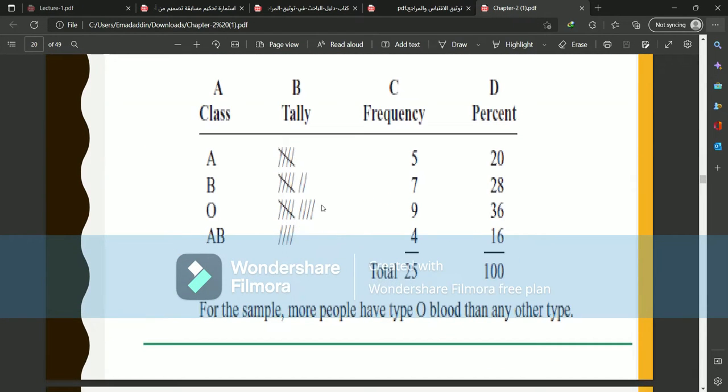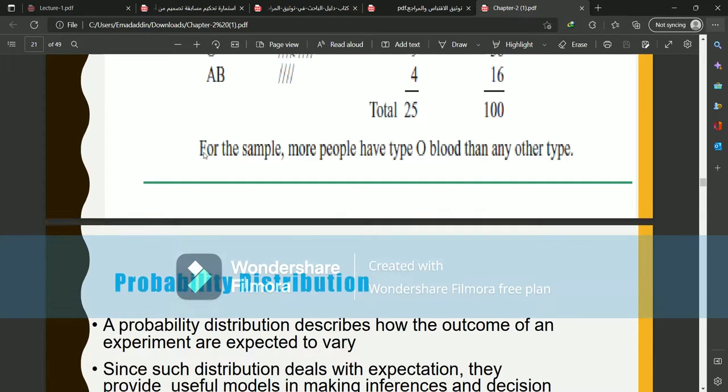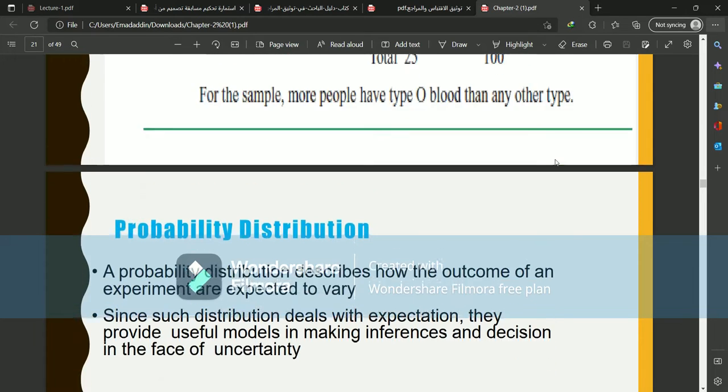We have 5, 7, 9, 4, so total 25. The percentages are 20, 28, 36, 16. So the majority of the people are 36 percent. For the sample, more people have type O blood than any other type.